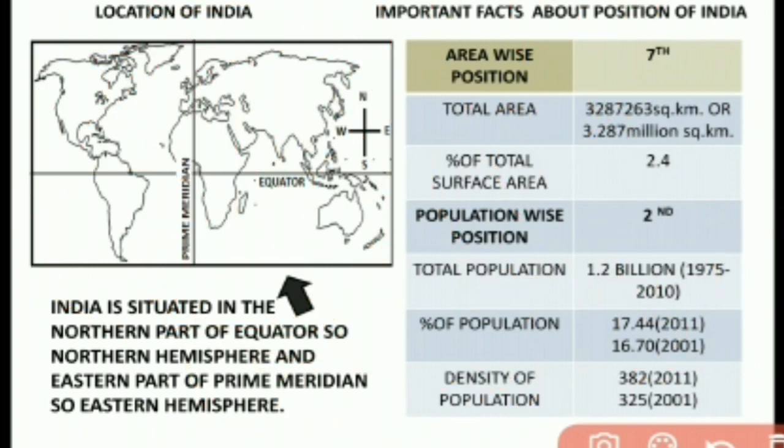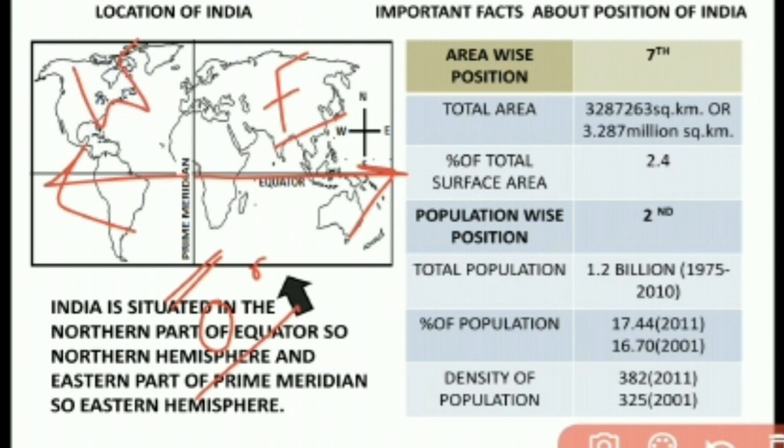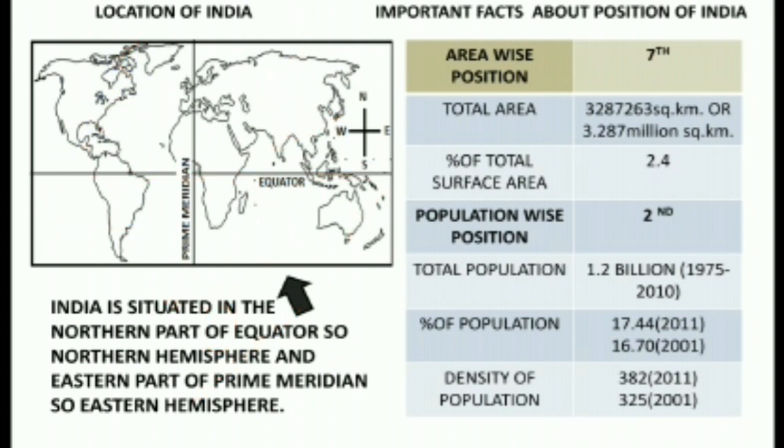Among all these longitudinal lines, we have the prime meridian as the central one. We denote this again by 0 degree, and this prime meridian divides the whole earth into two hemispheres. The eastern side is known as the eastern hemisphere and the western side is known as the western hemisphere. On the basis of the prime meridian, where is India located? On the eastern side.